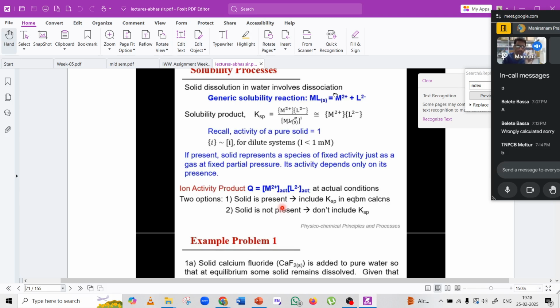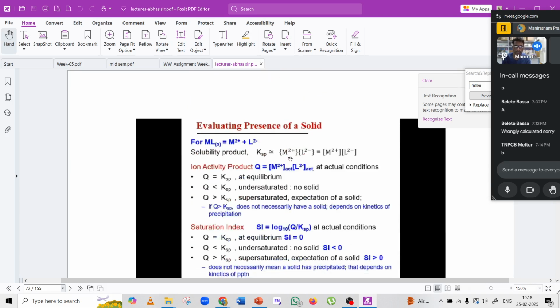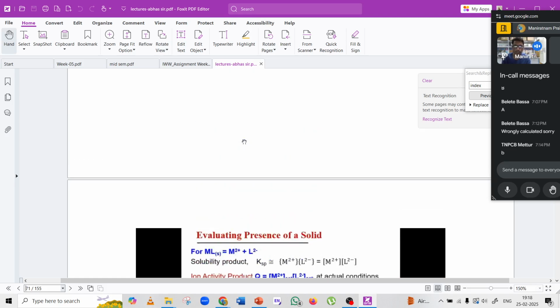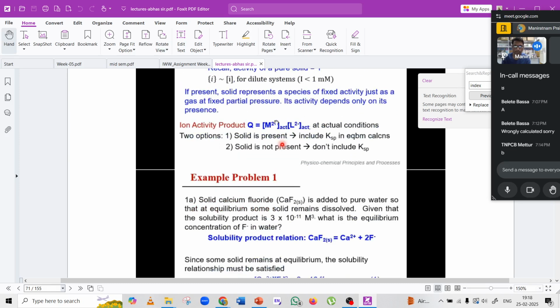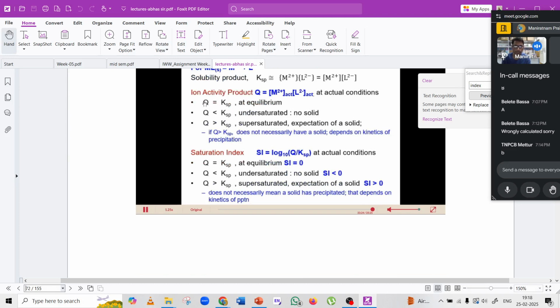Like the reaction constant K, similarly we have Q. If the product of whatever we have added is equal to KSP, then the system will be at equilibrium.